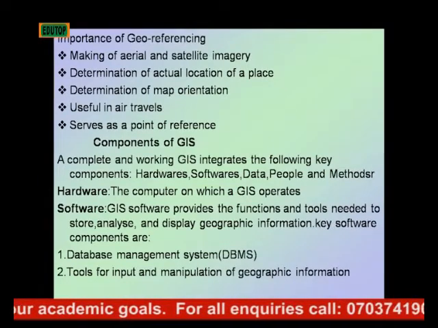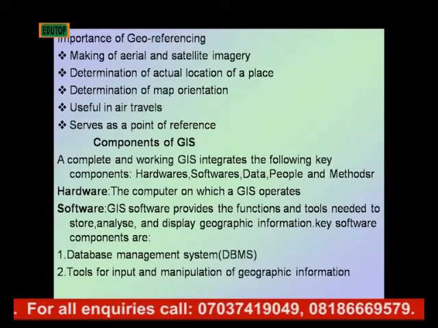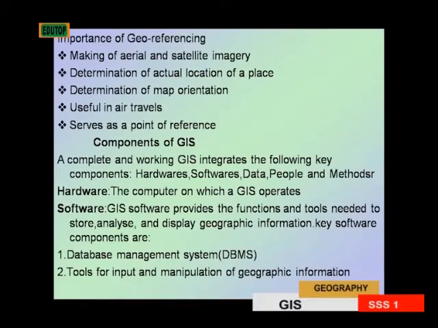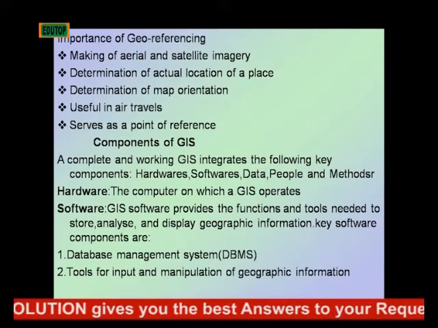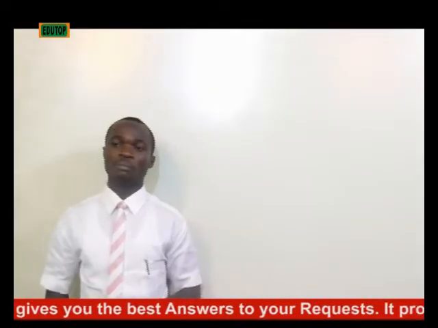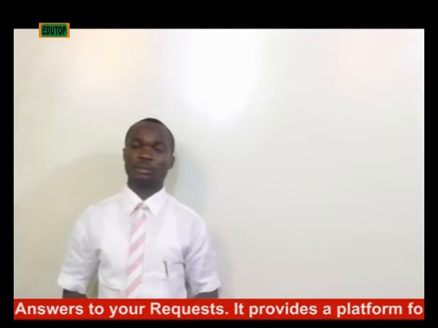Anyone missing out of this makes that GIS incomplete, because the hardware cannot work without the software. And even though we have the hardware and the software available, if there are no people to work on them, if there is no data to work on, it is useless.